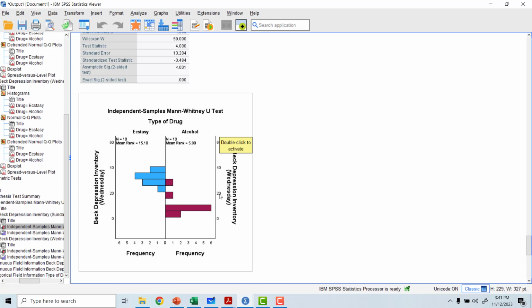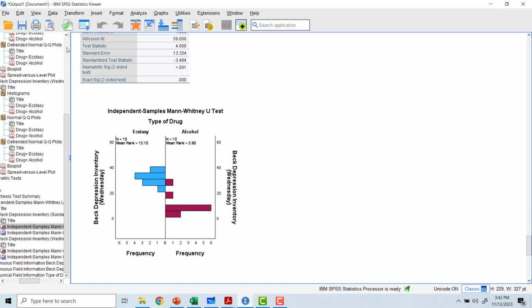Okay, so going back, we've done our two ecstasy and alcohol tests, one for Sunday and one for Wednesday. Now we're going to test the difference between Sunday and Wednesday for ecstasy and for alcohol with the two Wilcoxon signed rank tests.